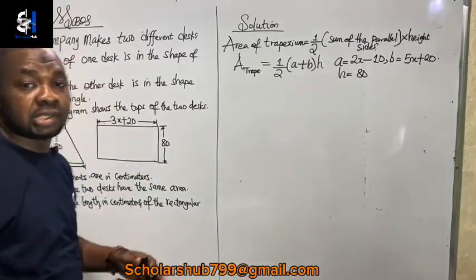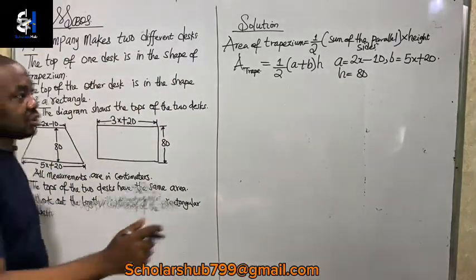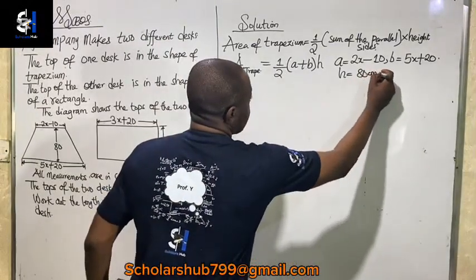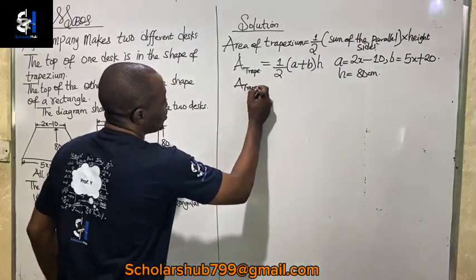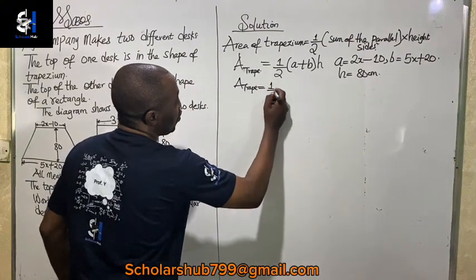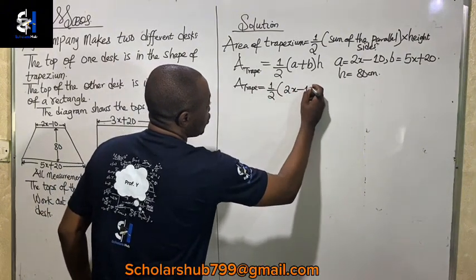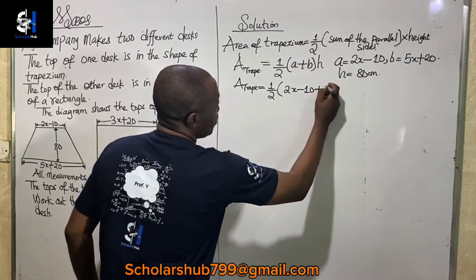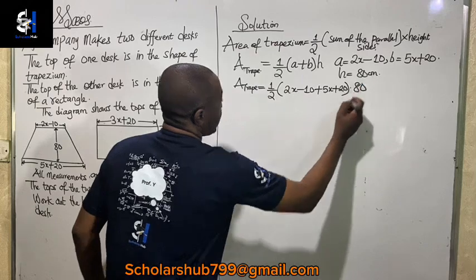Remember, all measurements are in centimeters, so the height is in centimeters. We can write the area of the trapezium as 1/2 of the parallel sides, (2x minus 10 plus 5x plus 20), multiplied by 80.